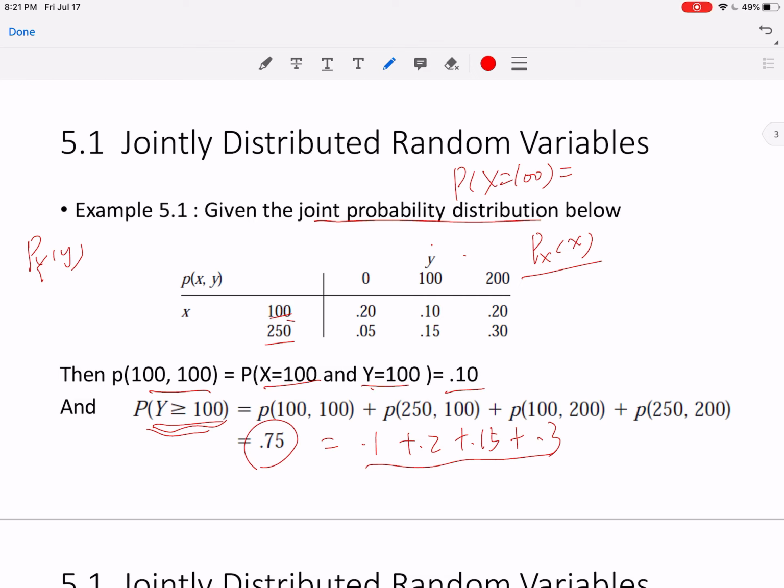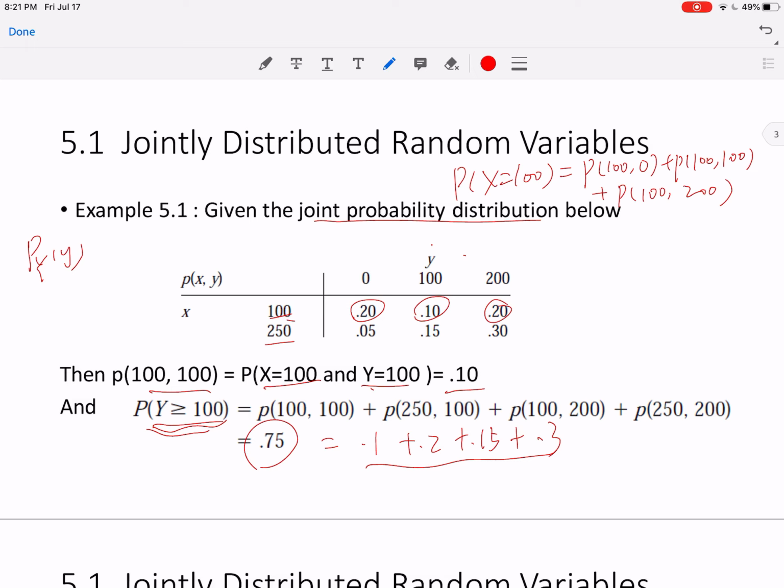So the probability x is equal to 100 would be equal to p of 100, 0, plus p of x is 100, y is 100, and then plus the probability of x is 100, y is 200.